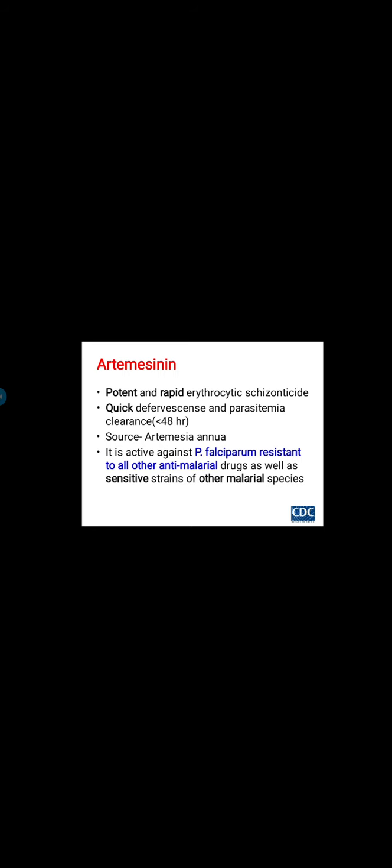Because if we use artemisinin group drugs indiscriminately in vivax malaria also, then resistance will develop. Falciparum has developed resistance against chloroquine mostly, so chloroquine is no longer effective against falciparum malaria. That's why for falciparum malaria, artemisinin is the first line drug, but for vivax malaria, artemisinin is the reserve drug, which can be used when chloroquine fails.